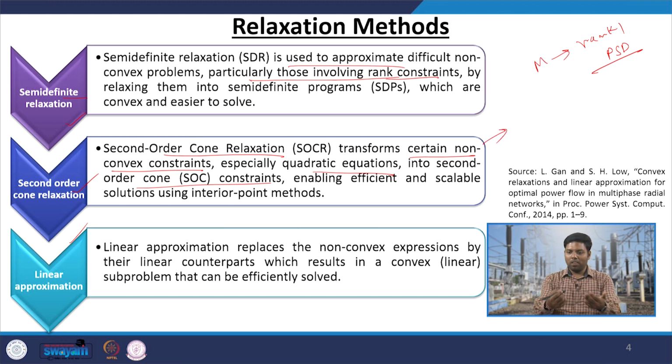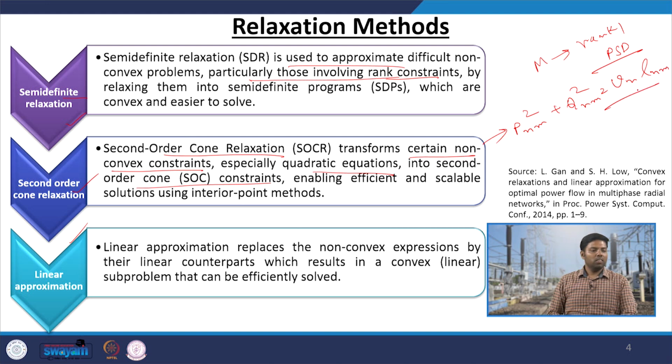In the simplified branch flow model, we have P nm square plus Q nm square equals V n L nm. This equation we have. So, SDP is used when you have a rank constraint, and second order cone is used when you have a quadratic constraint. These two are valid for our branch flow model, so we can adopt the semi-definite relaxation and the SOCP relaxation.